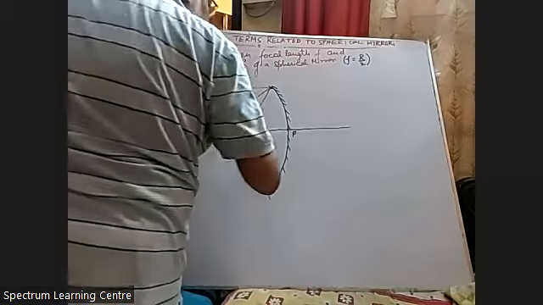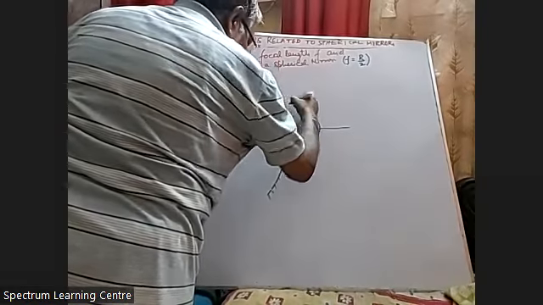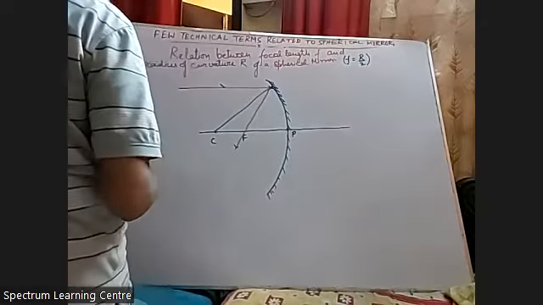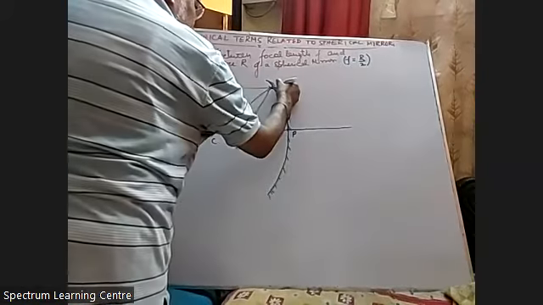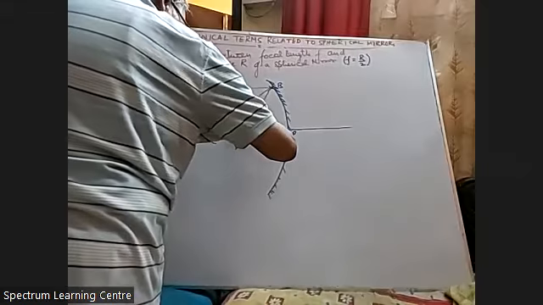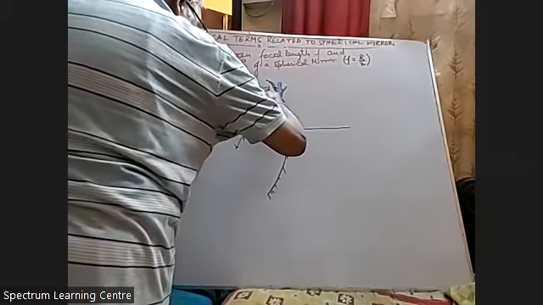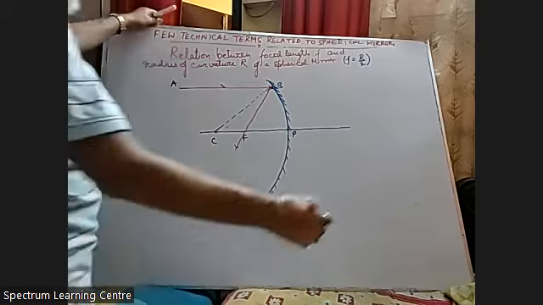Let's make the mirror a little bigger. Suppose this is an incident ray AB. Now CB becomes the normal, which I explained, no?